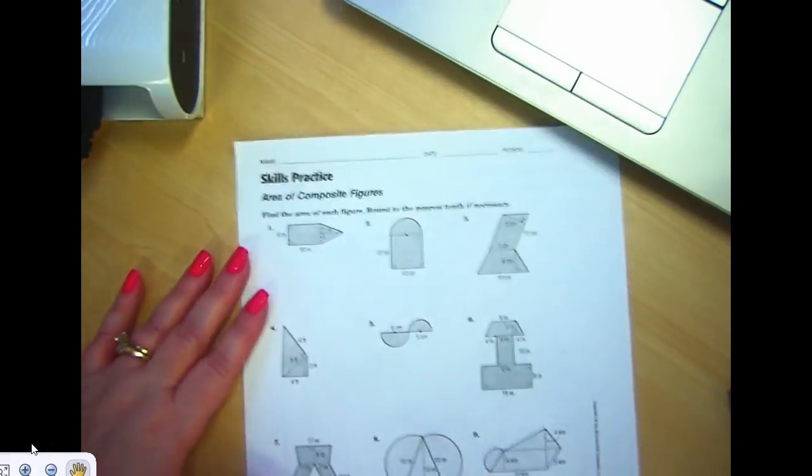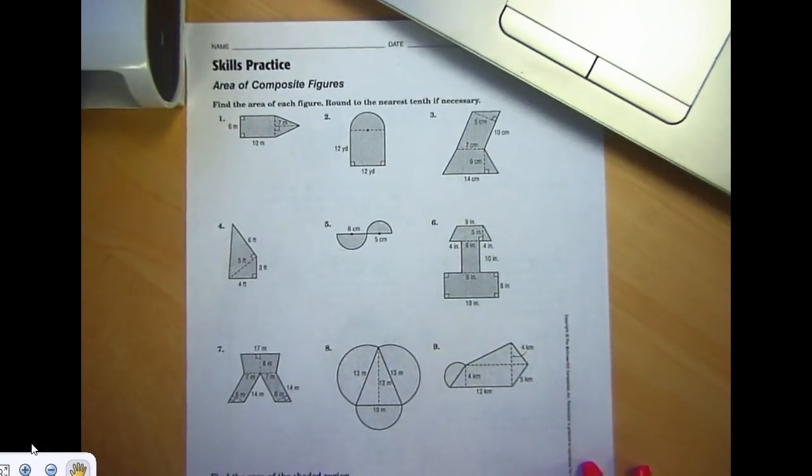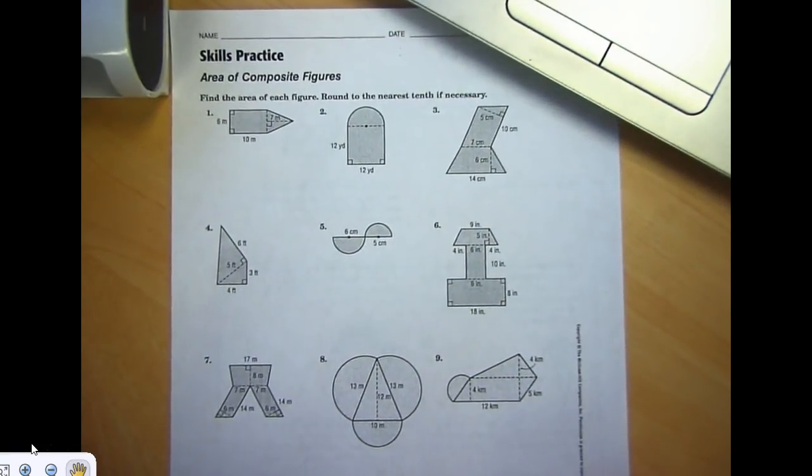Then we'll look at the skills practice. All right, choose one from the skills practice that you want to do together.